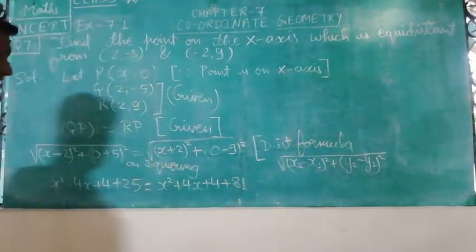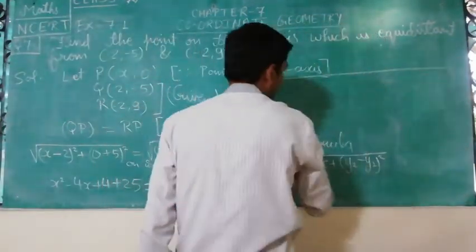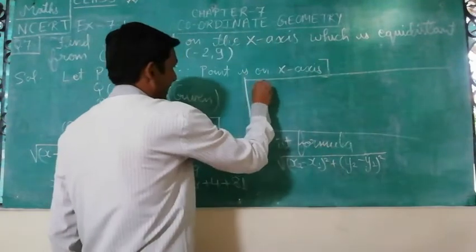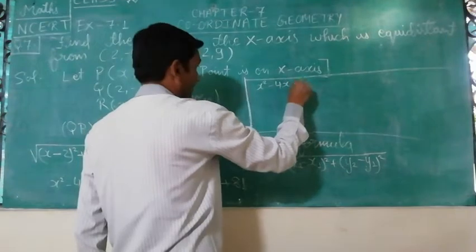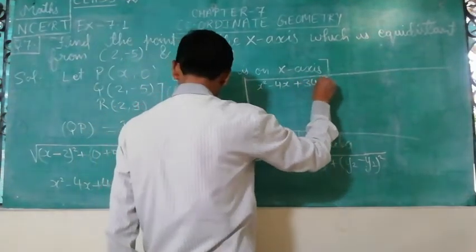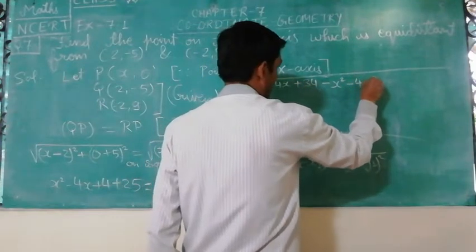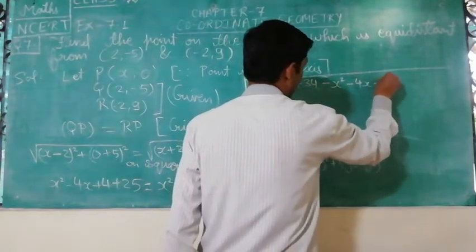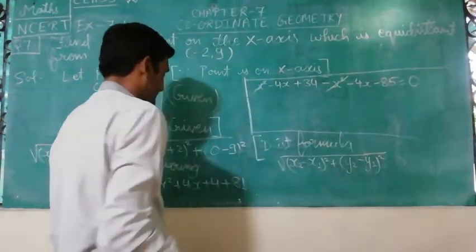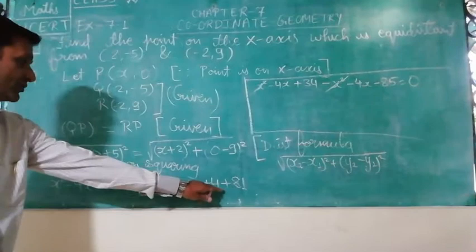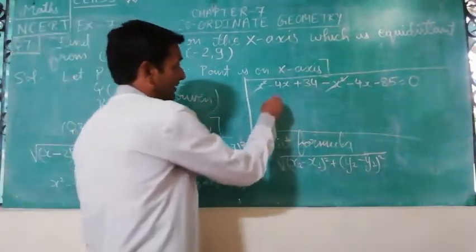Now on further solution it will become like this. See what it will become: x square minus 4x plus 29 minus x square minus 4x minus 85 is equal to 0. So x square and x square will be cancelled. Sorry, it is 29, not 34. That 85 is shifted from RHS to LHS. Now see what will happen.